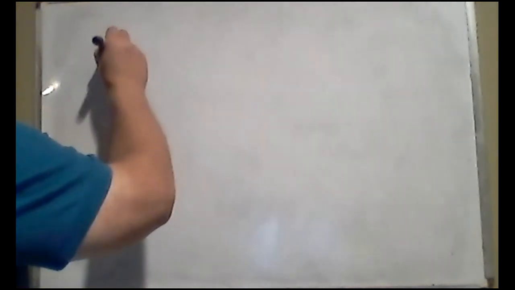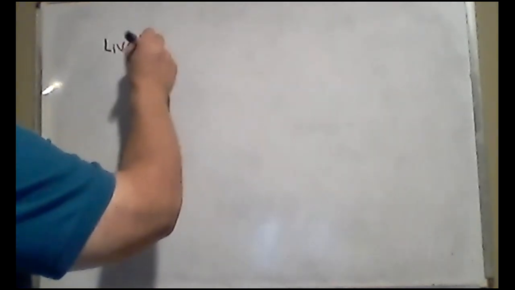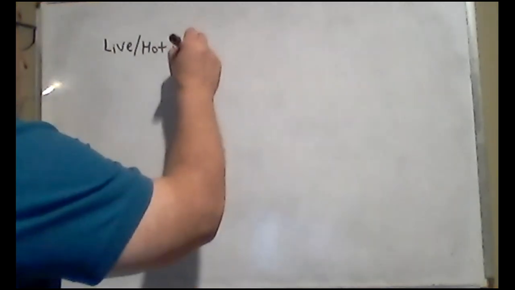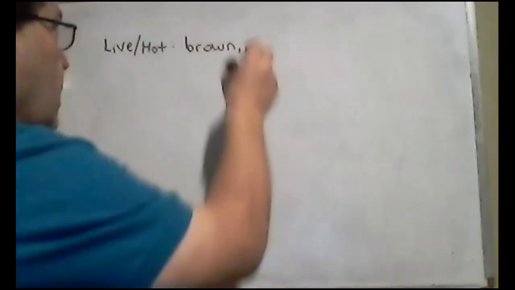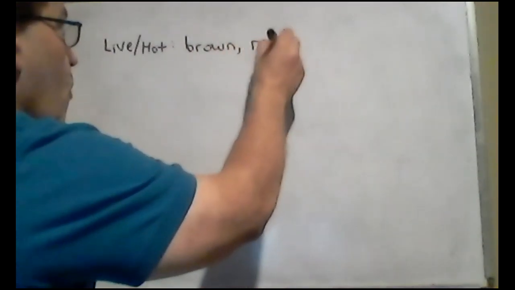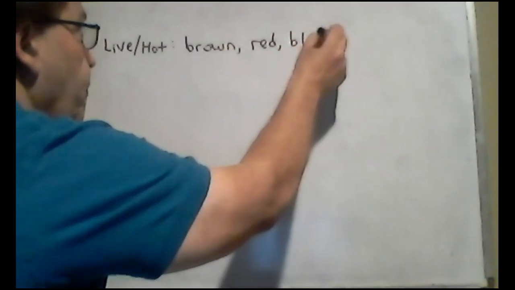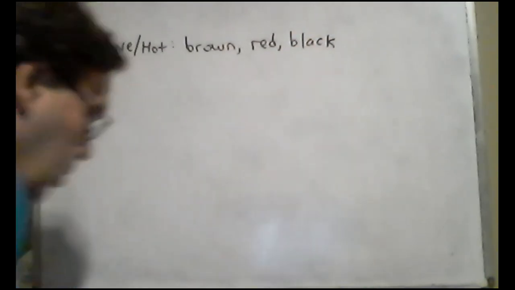So typically, your live, otherwise known as your hot wire, could be colored brown, red, black, blue or gray.